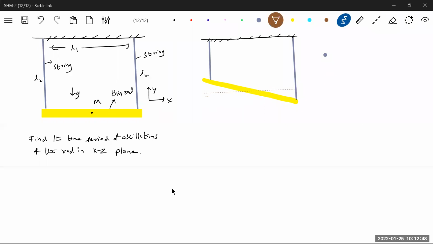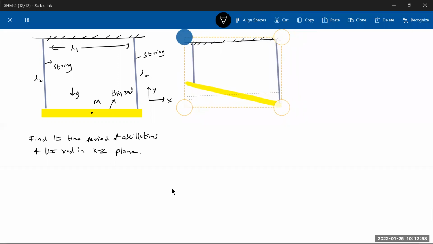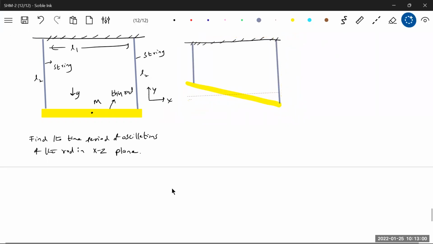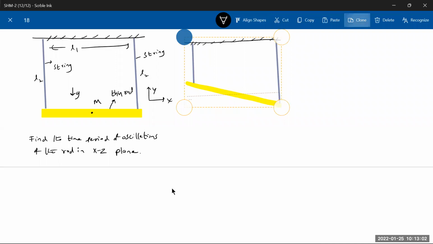This is the position of the rod, it will be swinging this way. Hope everyone is able to understand. So let me give another diagram.